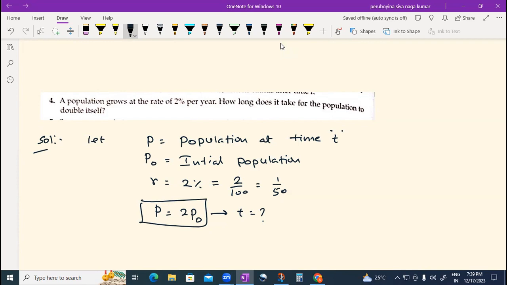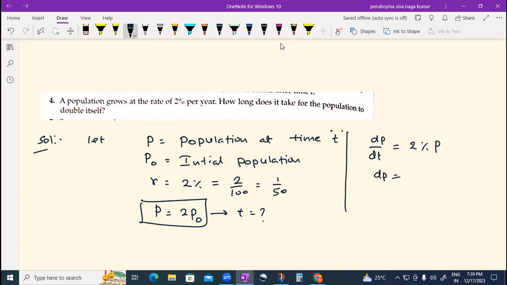So now, according to what was said, the population grows at the rate of 2% per year. Population growth means dP by dt, and it will be 2% per year of P. We will solve this equation.